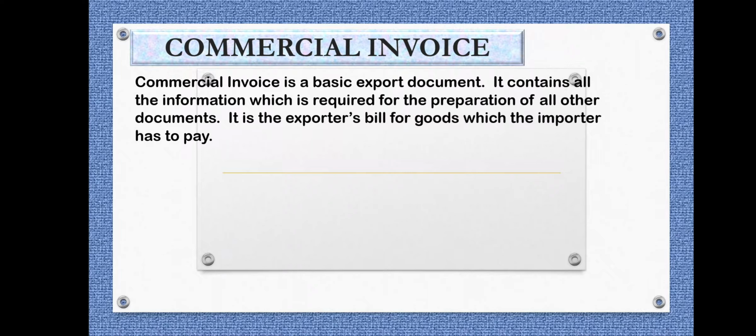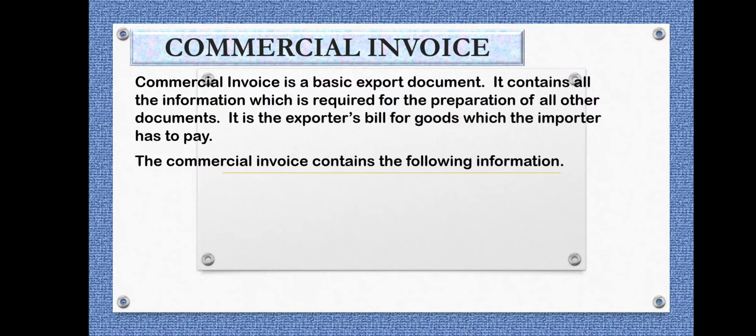See, commercial invoice is the basic document and the importer has to pay. It is the exporter's bill for goods. It contains all the information which is required to prepare the other documents. The commercial invoice contains the following information.